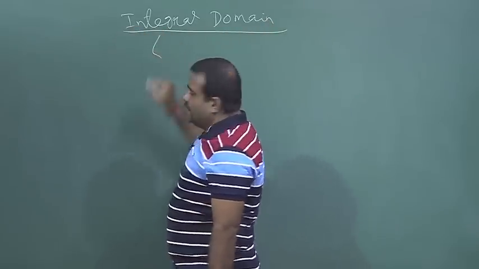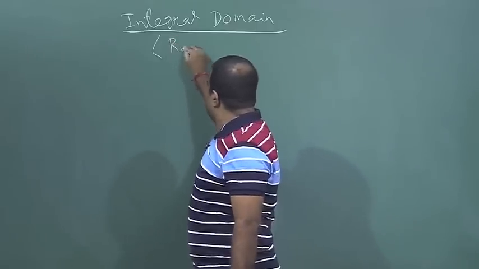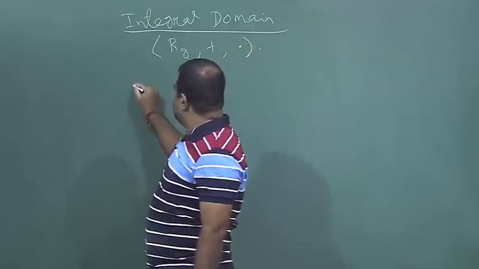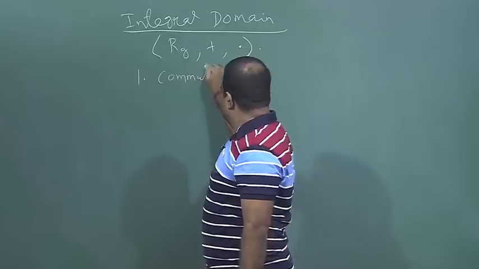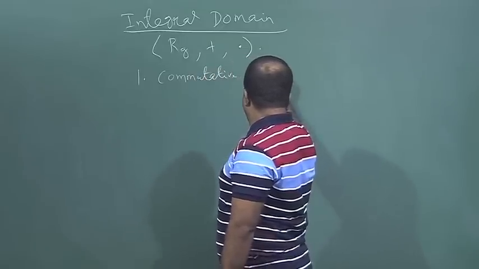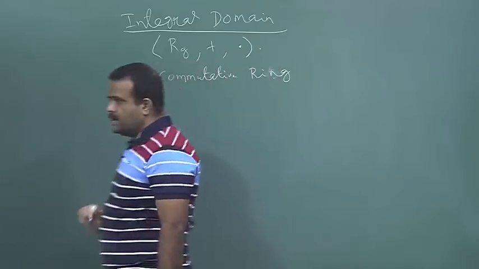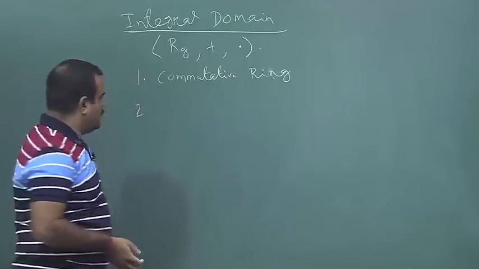So, we say a ring, I mean, a group along with these two operations is an integral domain. First of all, it has to be a commutative ring, and the multiplicative identity should exist.